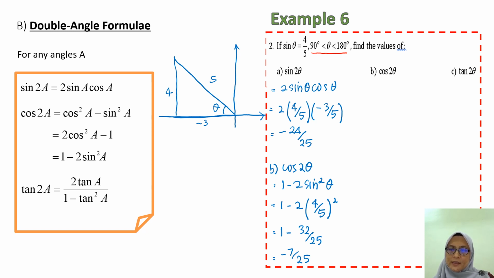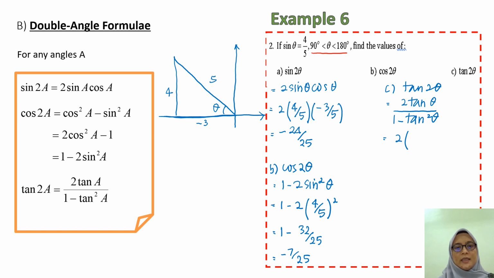Okay, so then C, tangent 2 theta is 2 tangent theta over 1 minus tangent square theta. So 2 tangent theta, tangent is opposite over adjacent, so negative 4 over 3.